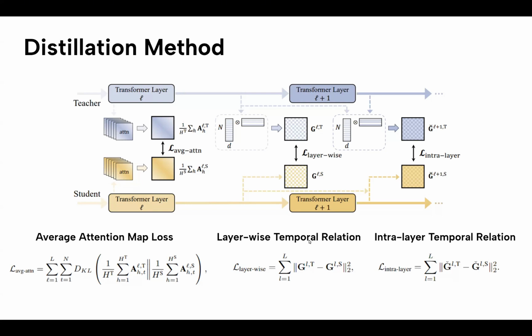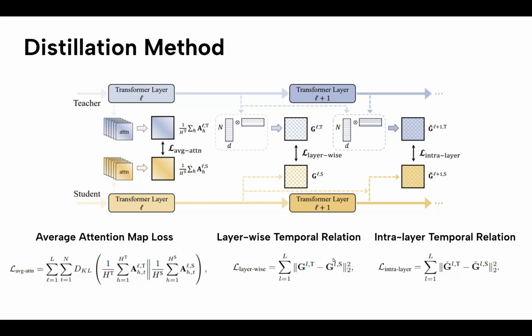To offer more flexible distillation, the model also computes the temporal relation between the input and the output of a single layer, and distills this inter-layer temporal matrix. This kind of distillation captures the progression of speech representation within each individual layer.